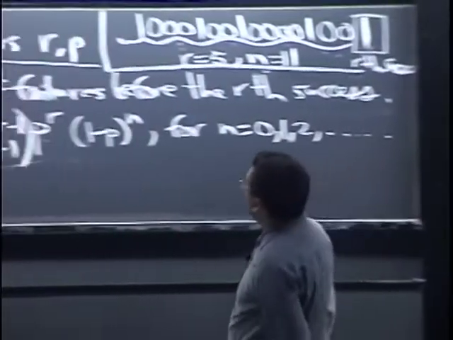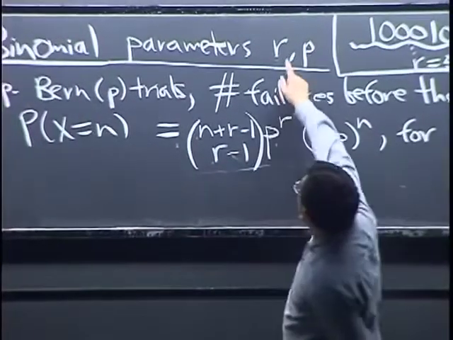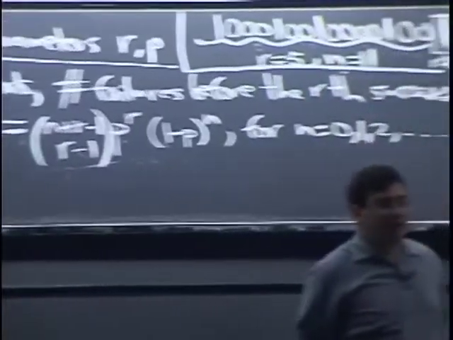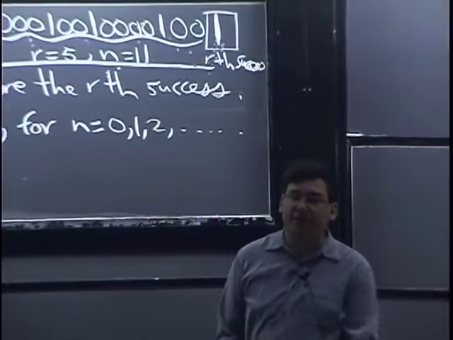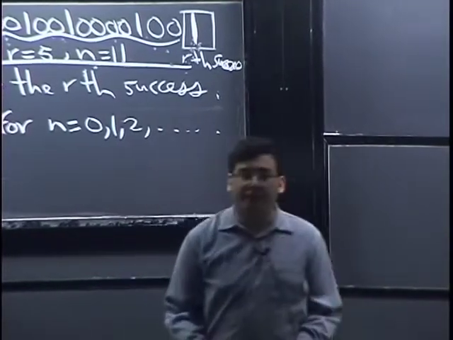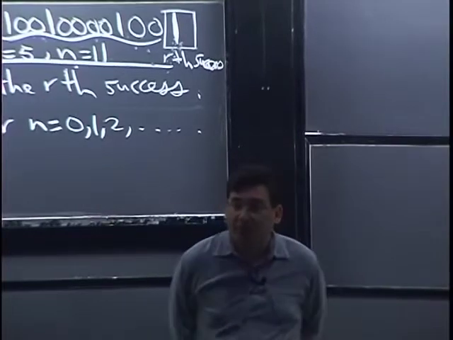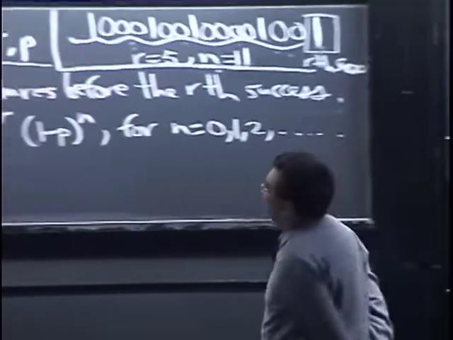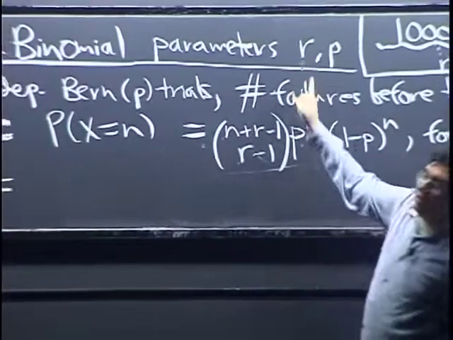A better way to do this is to say, well, first of all, think of simple and extreme cases. If r equals 1, then it's just a geometric, and we computed last time in 2 different ways that a geometric p has expected value q over p. So we know the case r equals 1 already. Now let's think of a slightly harder case, r equals 2.